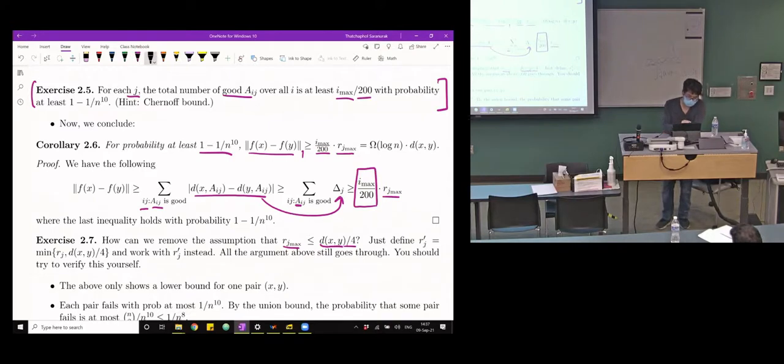But we can define, for every j, R prime j to be the maximum between R_j and this threshold. Or you can, like Chang-En said, just consider all j until it grows beyond this threshold. All the j that go beyond that, you ignore them.